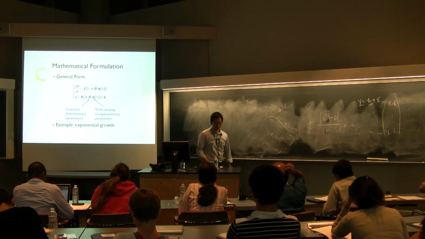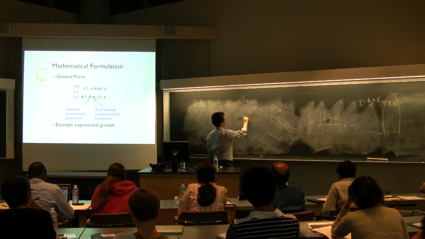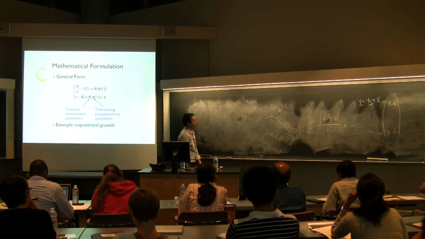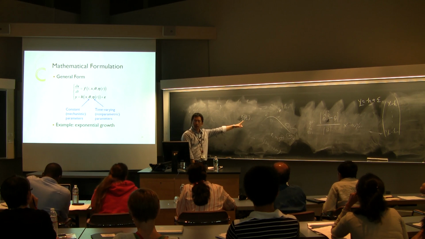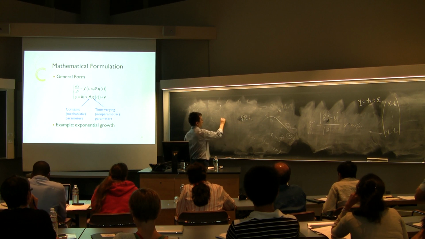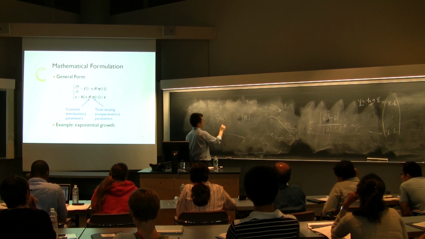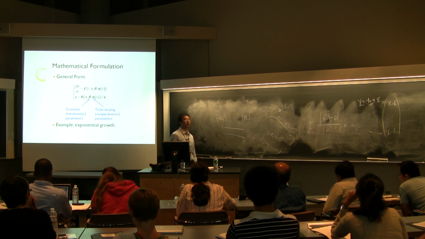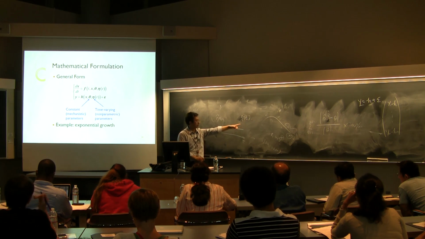One good thing about this is, let's go back to the example. If my parameter should be a constant, then I will expect to get an estimate of eta like this. Right now I'm not sure whether it's a constant or a function of time, so I let the data tell me.